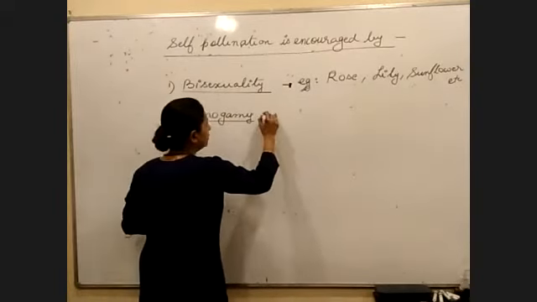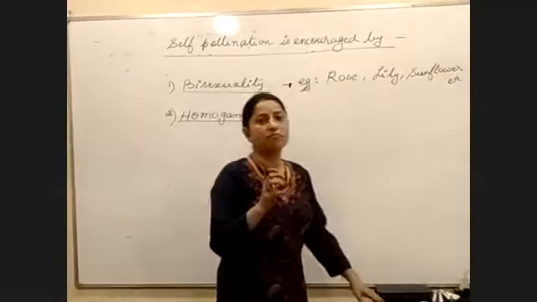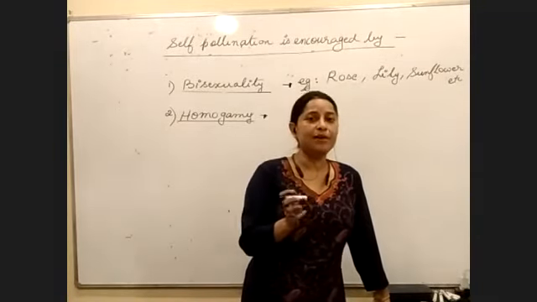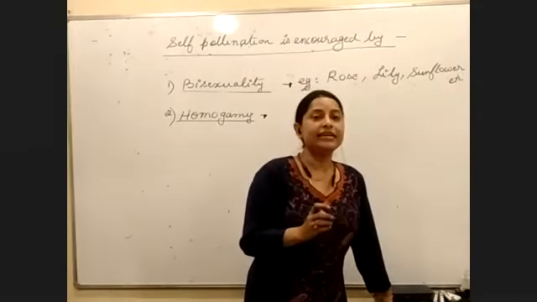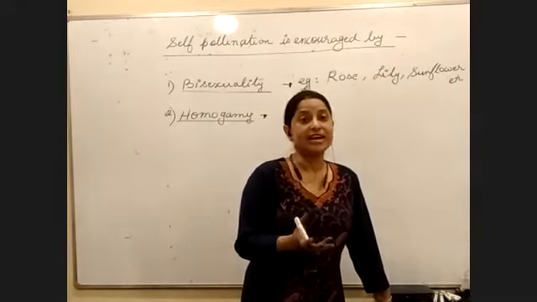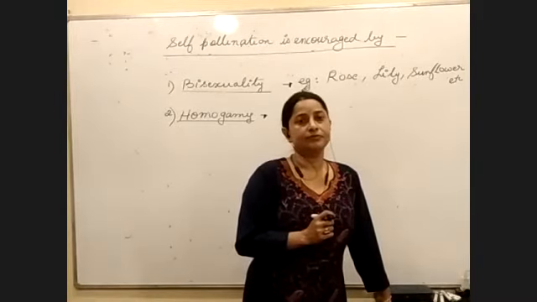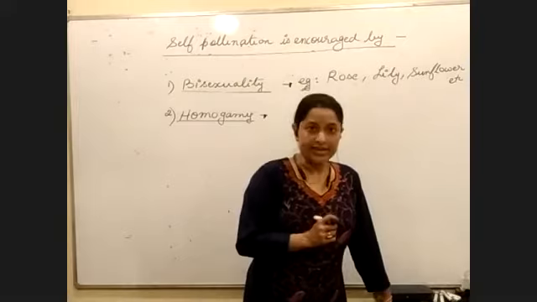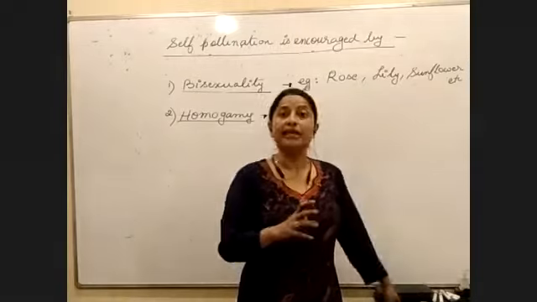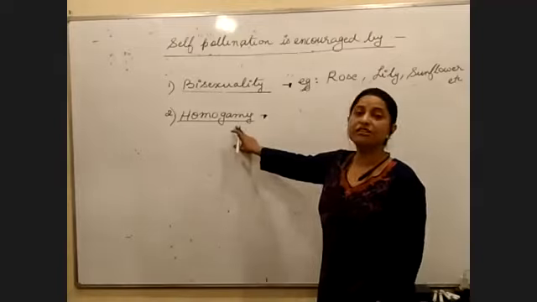Homogamy means what? In a bisexual flower, both the male part and the female part are present in the same flower. But in spite of that, if both the parts do not mature at the same time, will self-pollination occur? No, ma'am. Understand the question? So for self-pollination to occur, being bisexual alone is not enough. Together with that, homogamy should also occur.